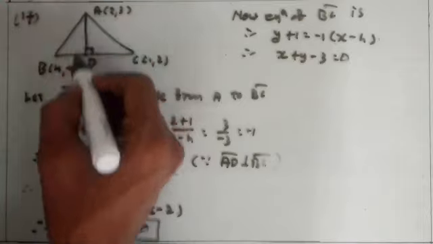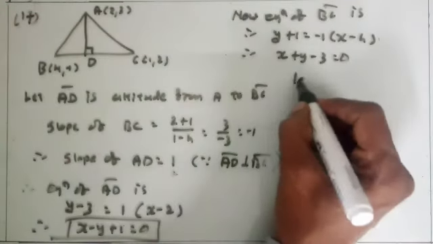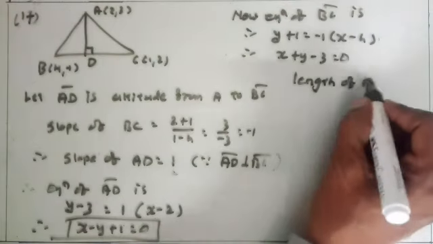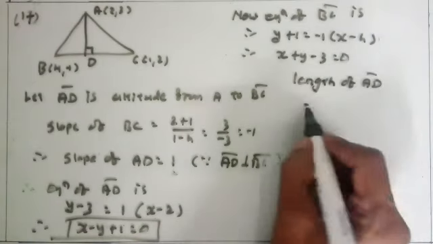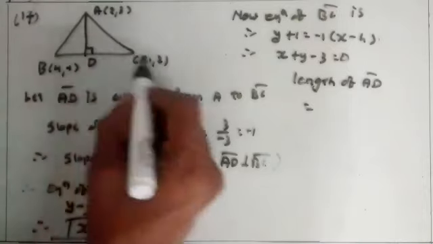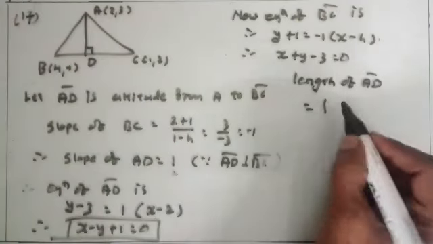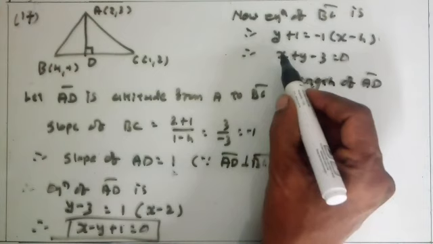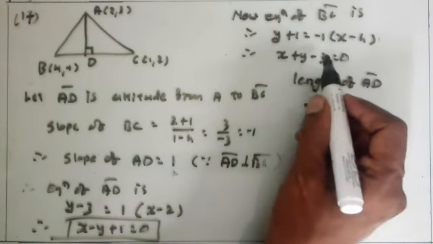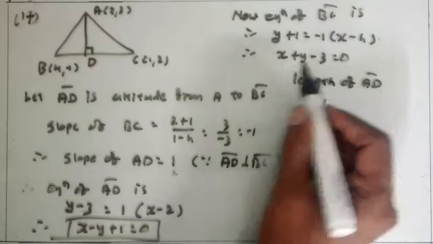Now the length of AD is equal to the perpendicular distance from (2, 3) to the line BC. We know the formula: |ax1 + by1 + c| / root(a square + b square).